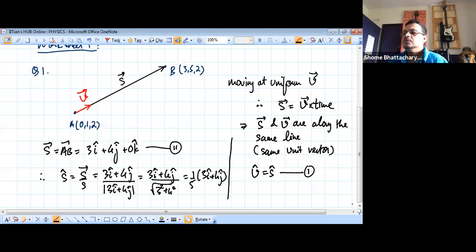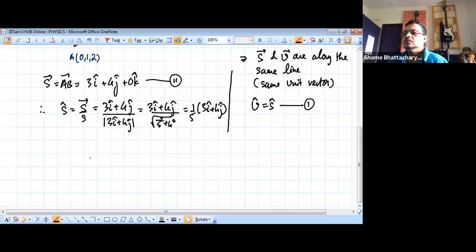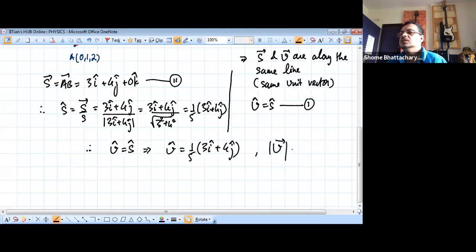So now from equations 1 and 2, I know that velocity's unit vector is the same thing as displacement's unit vector. So velocity's unit vector is 1 by 5, 3 I cap plus 4 J cap. And velocity's magnitude is given in the question as 25 meters per second. So what should the velocity vector be?